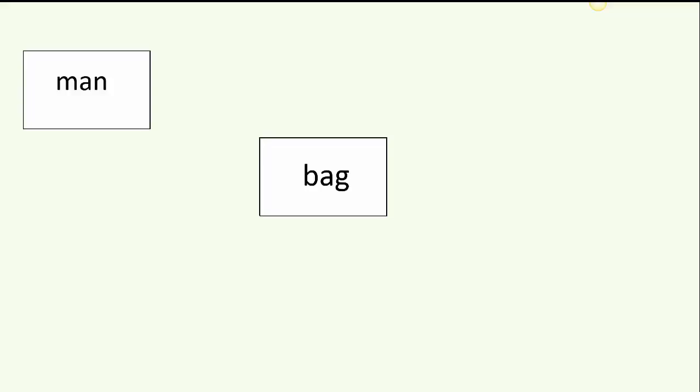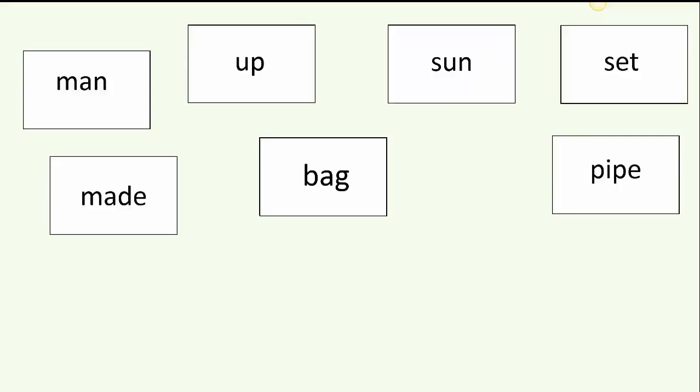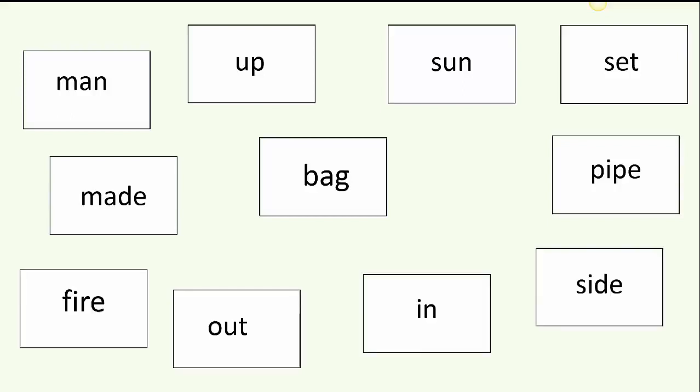You can make 5x7 cards with magnetic tape on the back, each one with a word like bag, man, up, sun, set, pipe, made, out, in, side, and fire, and manipulate them to make compound words.